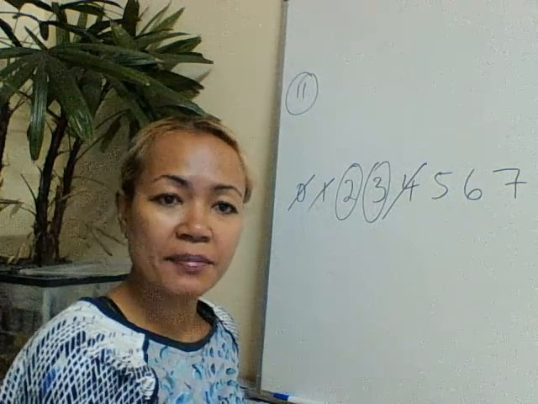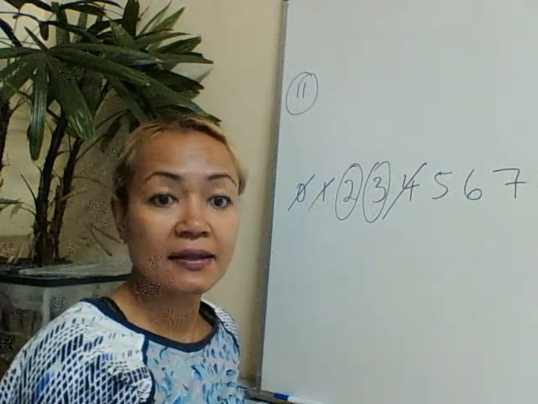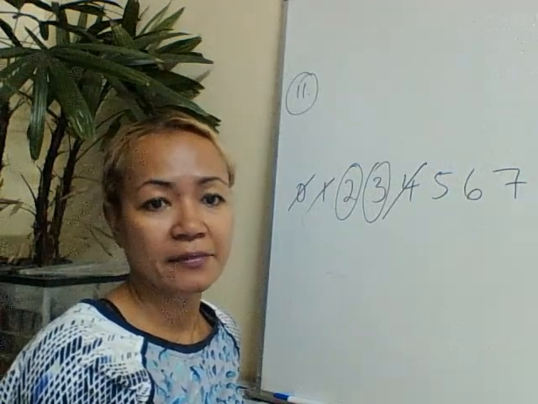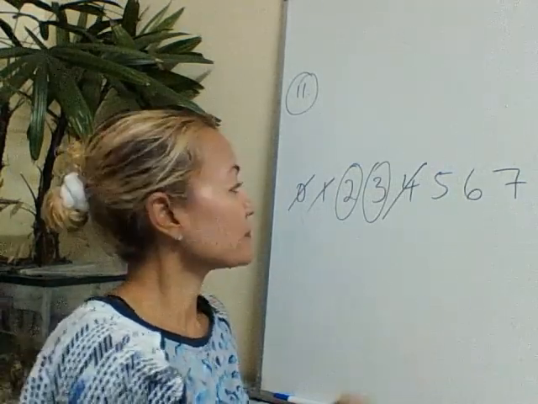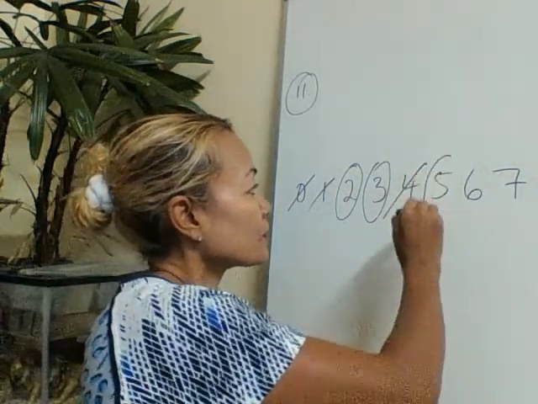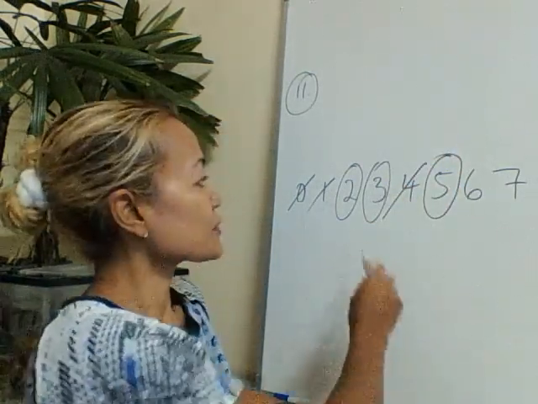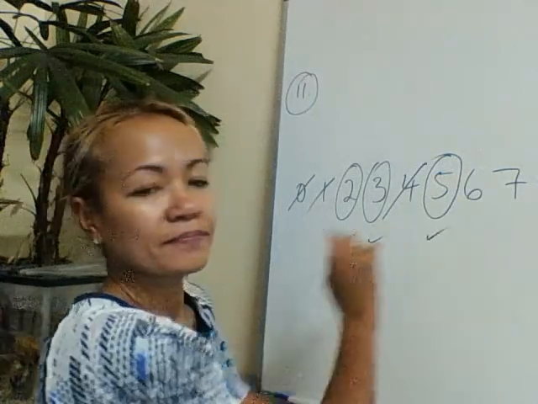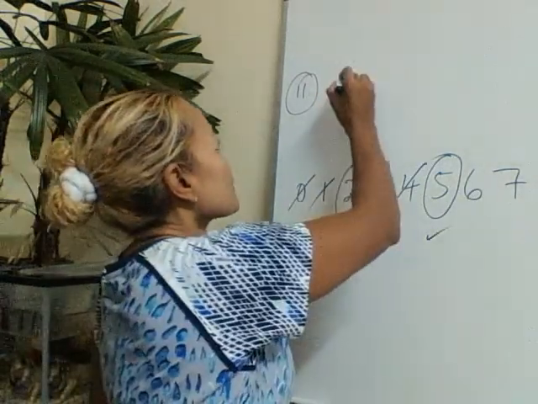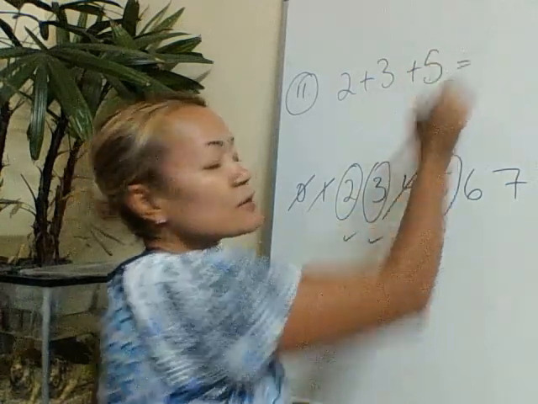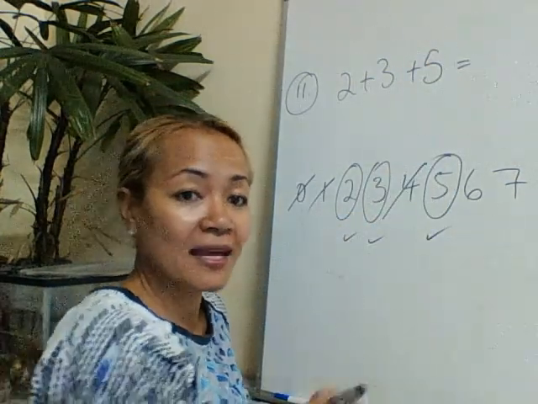Does 5 appear any other place in the times table apart from right at the top of the 5 times table? No, you can't. So 5 is a prime number. So you've got the first three ones there. Right? So 2 plus 3 plus 5 is equal to 10.